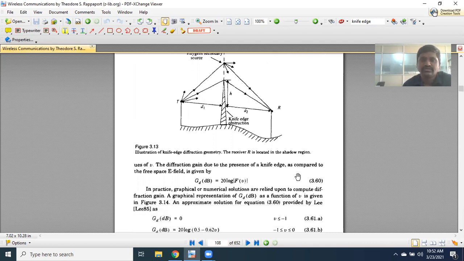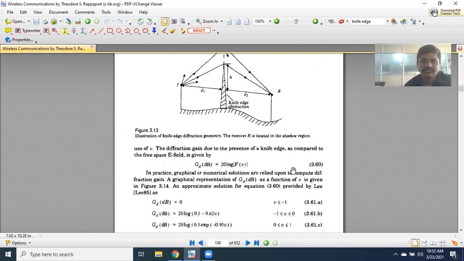We can calculate the diffraction gain in the presence of this knife edge as compared to the free space electric field, which is given by G of d in dB equal to 20 log of F of v.